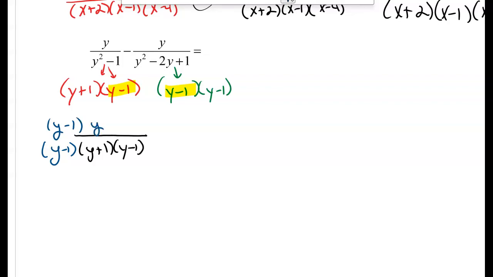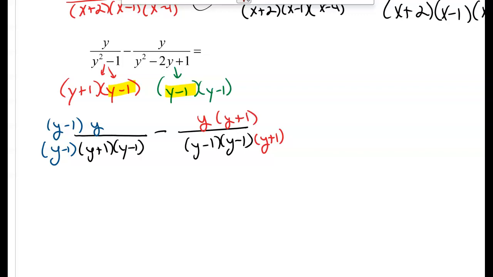Remember, if I get a common denominator, we multiply by what's missing. Then we got subtract. What came over here? I had a y minus 1 and a y minus 1. What do we need to multiply by? No. This would be a y plus 1, wouldn't it? So we get here a y, and then I have another y plus 1 here.